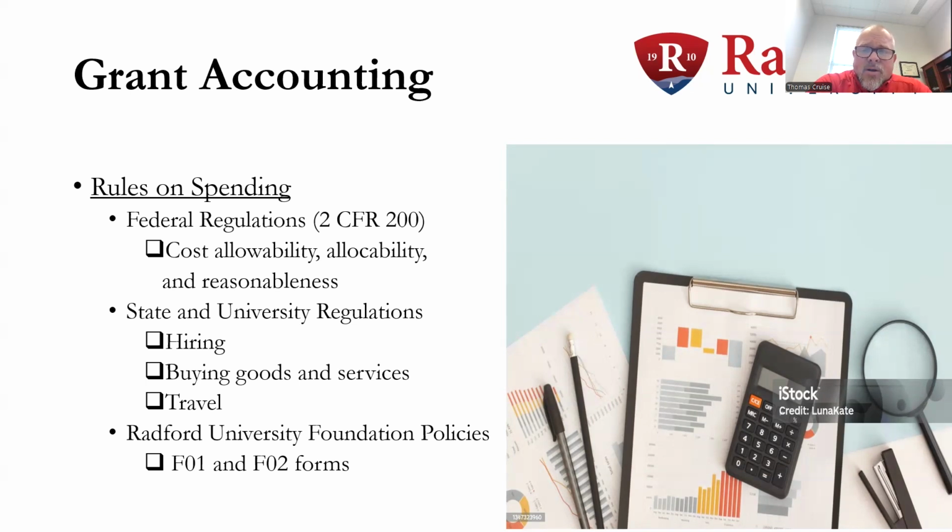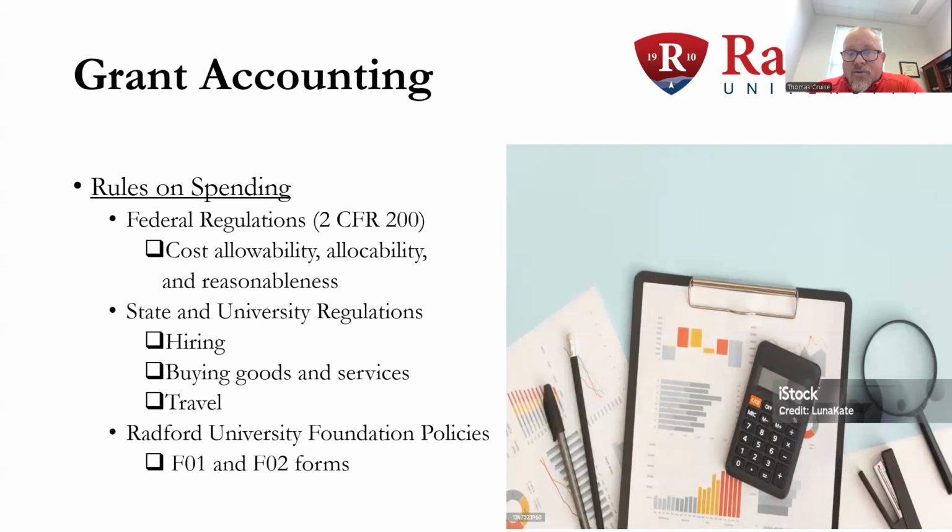So regardless of which budget we're working with, whether it's the existing budget in our original proposal or the revised budget that we shifted around ourselves, we're under certain regulations, right? Starting with the federal government, if it's a federal grant, it's going to be tied to specific federal regulations as codified under 2 CFR 200.